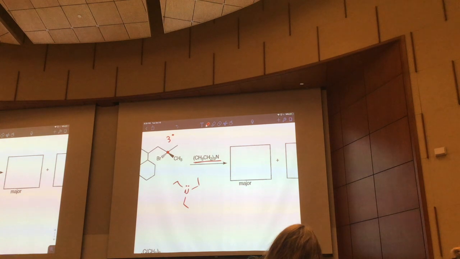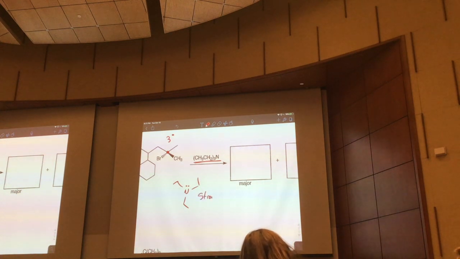Besides being bulky, I'll let you know too, it's very basic. It's highly basic. Remember that basicity increases going up on the periodic table, and it's at the top. And also remember that basicity increases going left, and it's pretty far left. It's further left than oxygen. So this is going to be a strong base, and even better, a strong bulky base.